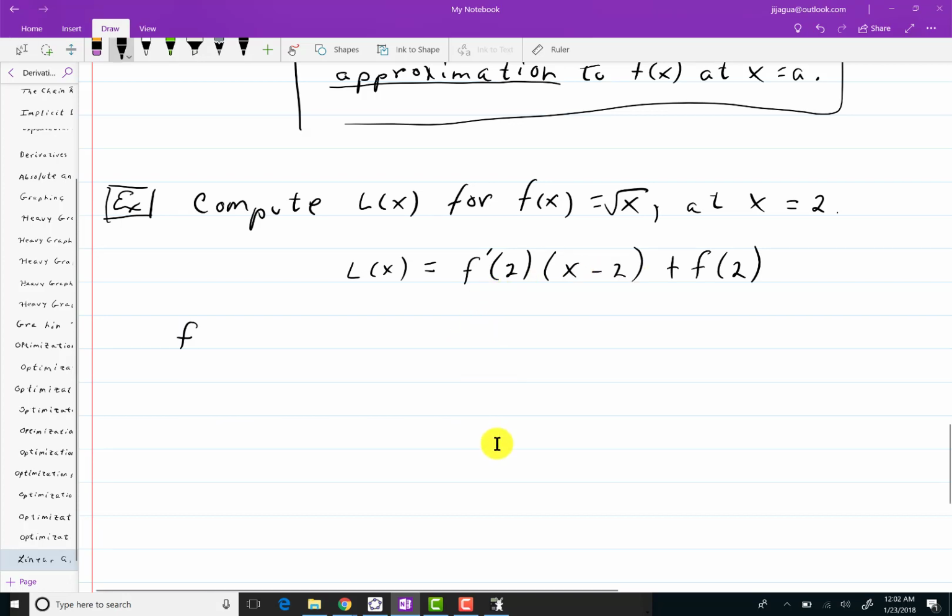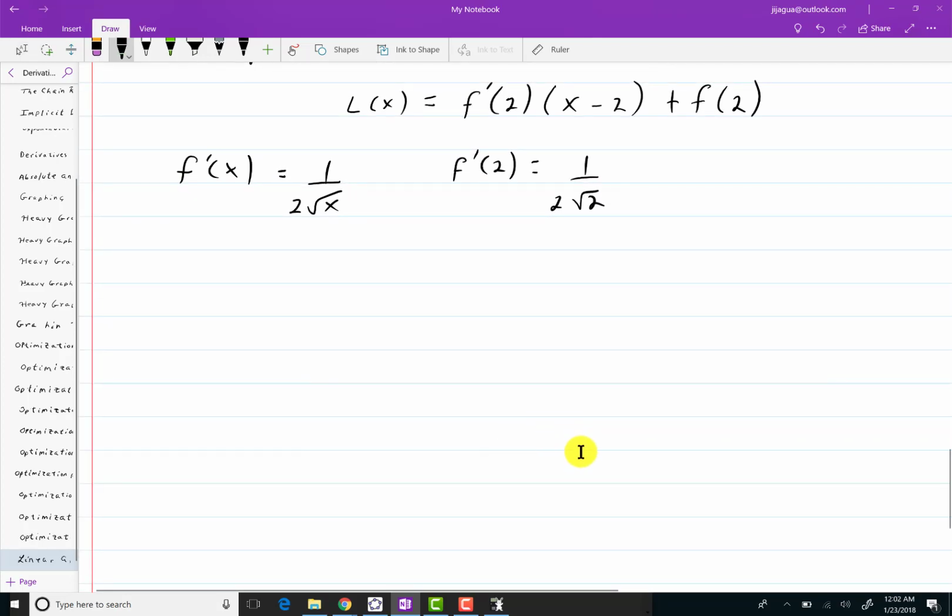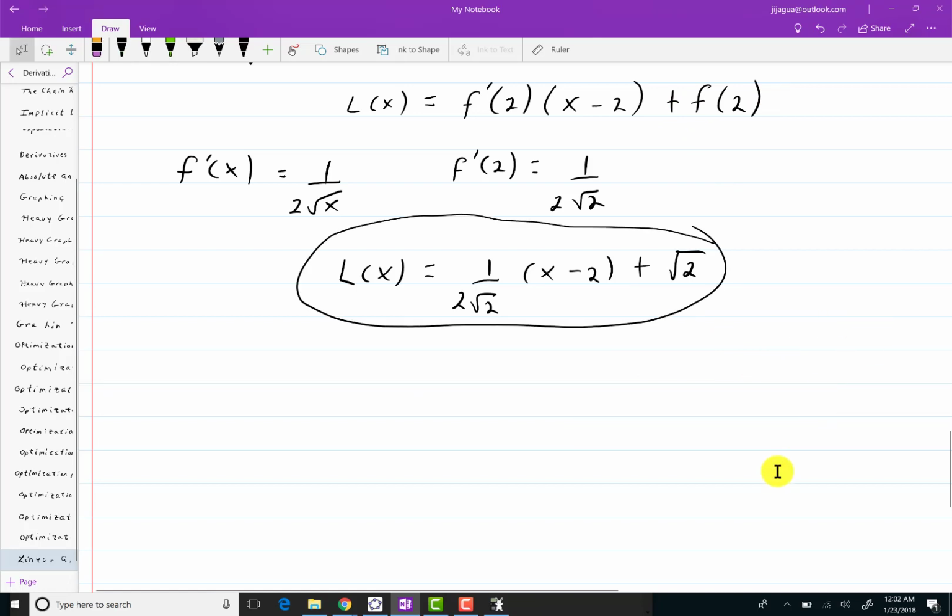F prime of x equals 1 over 2 radical x. So f prime of 2 equals 1 over 2 radical 2. So the formula for L of x then is L of x equals f prime of 2, which is 1 over 2 radical 2, times x minus 2 plus f of 2, which is the square root of 2. So there's the local linear approximation at x equal to 2.